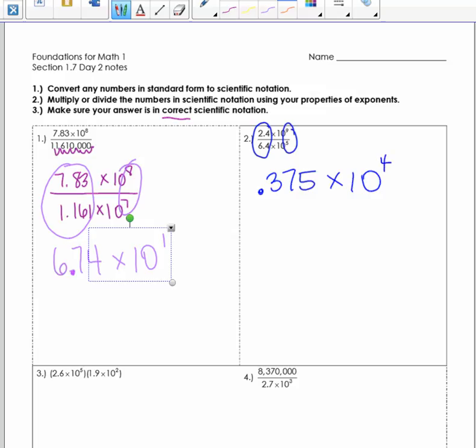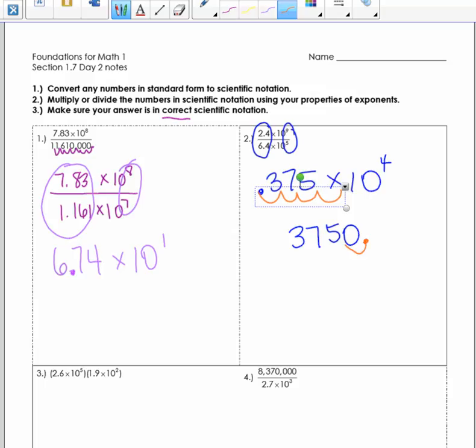However, here, if you notice, this is an incorrect scientific notation because we don't have a digit out here. So now we need to convert it. So we're going to move this 1, 2, 3, 4 places. So that is technically 3,750. And your decimal point is now here.